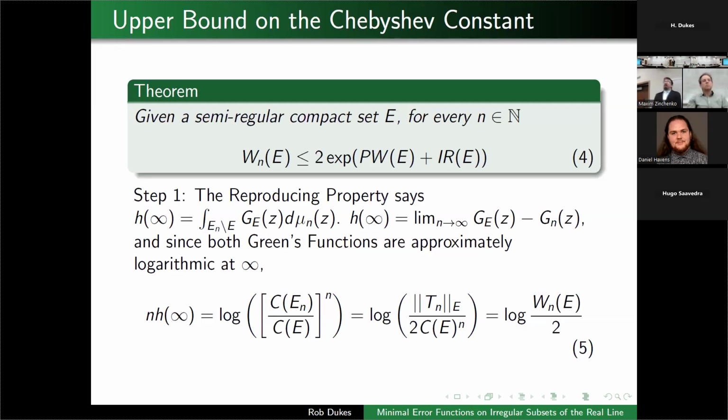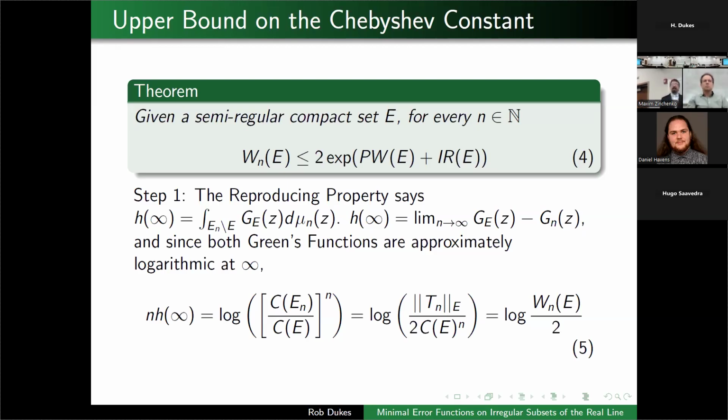So infinity is the limit as n goes to infinity of that difference. Might have mixed notation. G sub n is G sub E_n. Now we know that Green's functions are always approximately log absolute value of z near infinity.